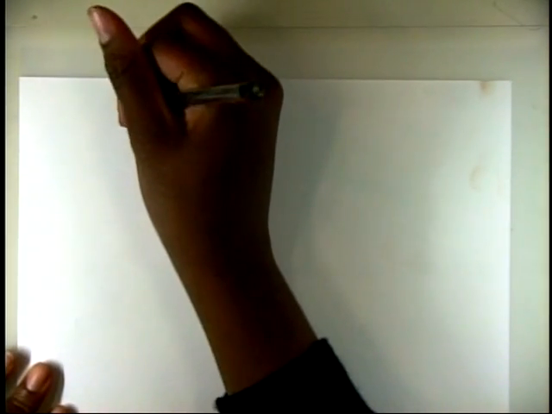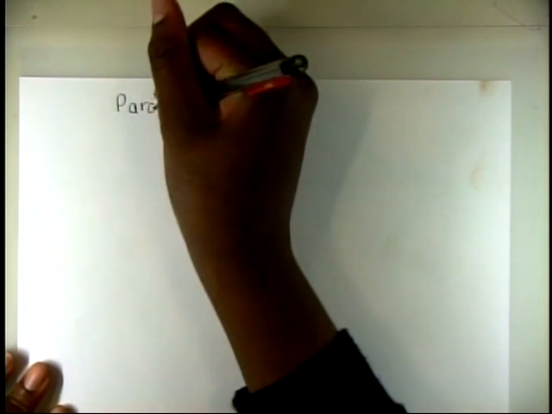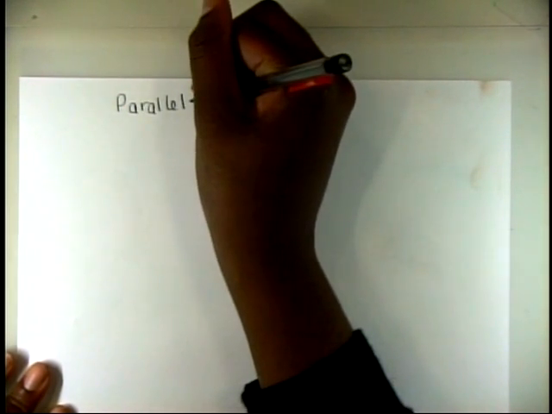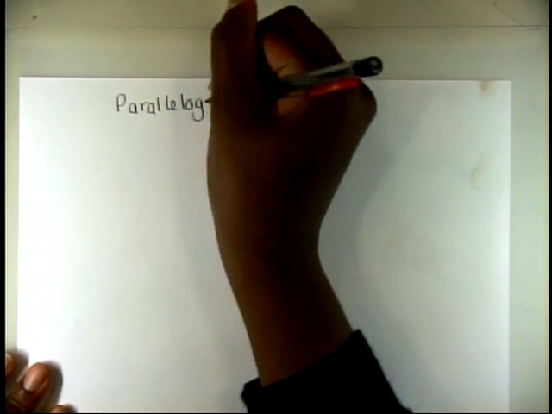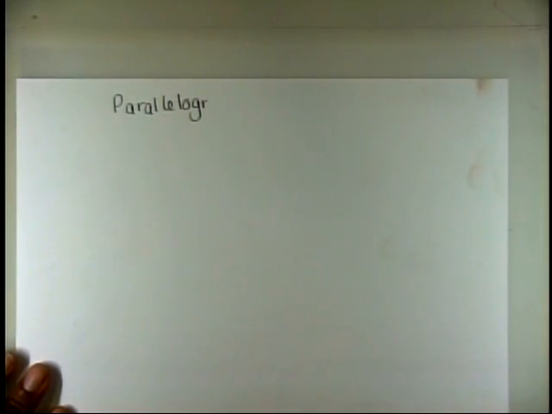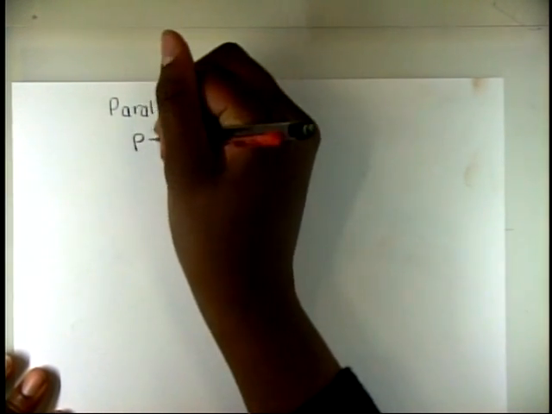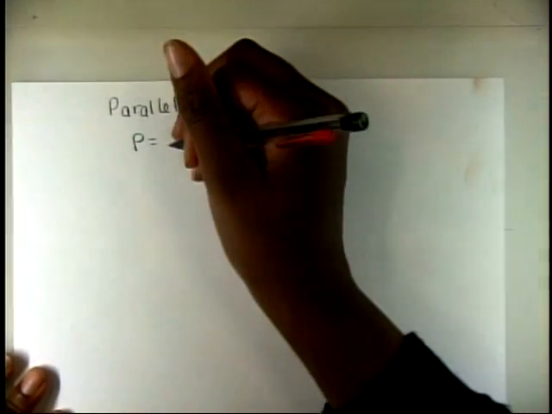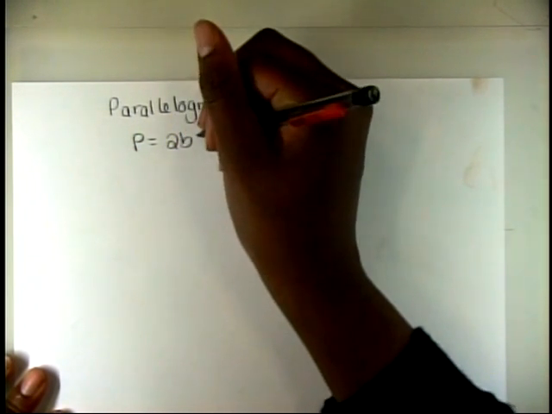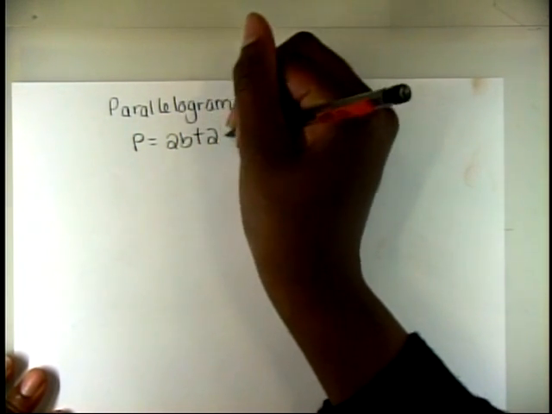Next, we have the parallelogram. The perimeter for this equation is 2b plus 2s.